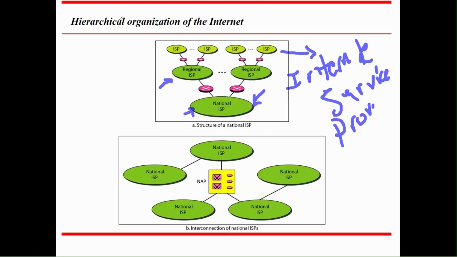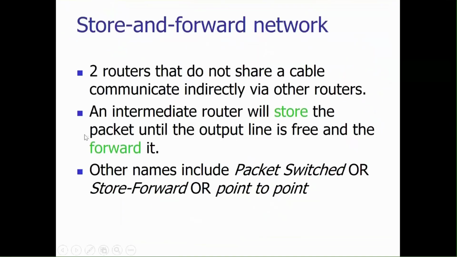Again, these are usually organized in a hierarchy, as you can see. So we have regional ISPs connected to each other to form the national. Again, national ISPs also are connected to each other to form an international ISP, okay? So this is something to keep in mind. Not very important at this stage, but just know that also the internet service providers are connected to each other, okay?